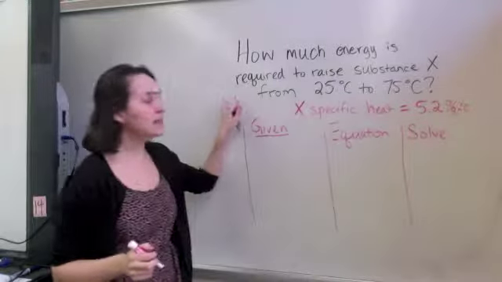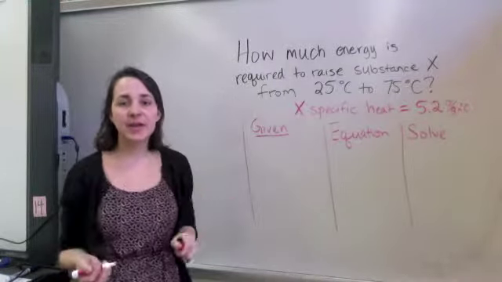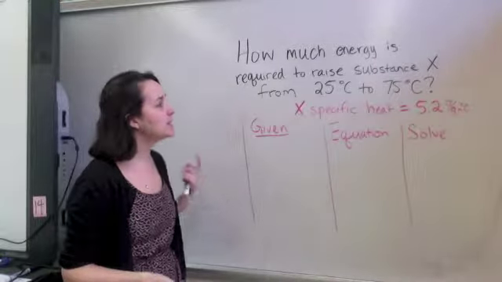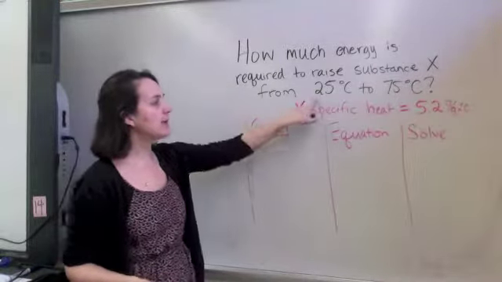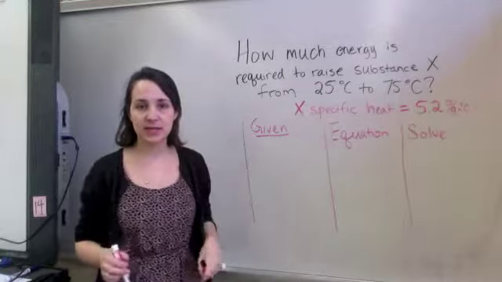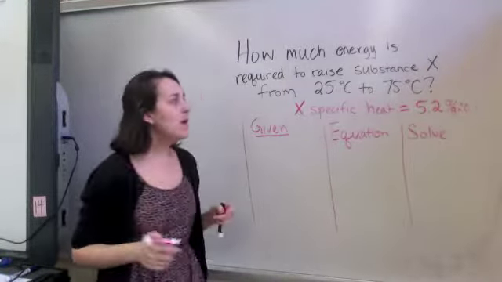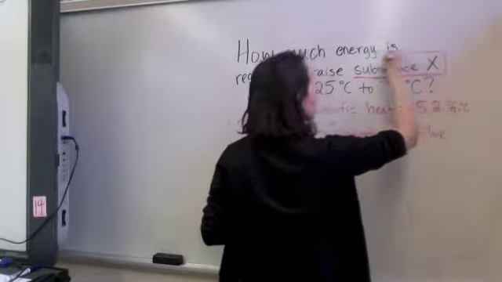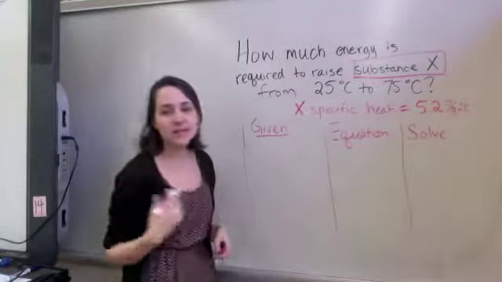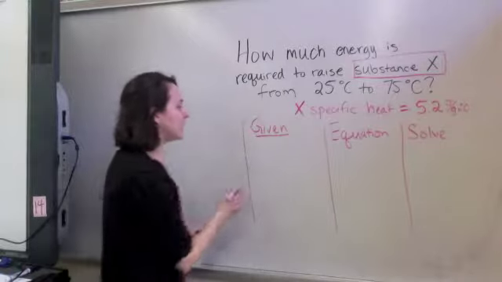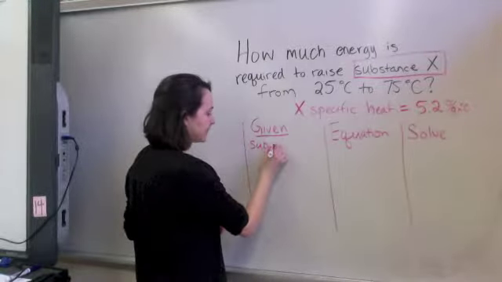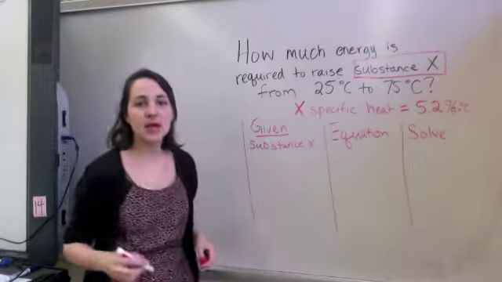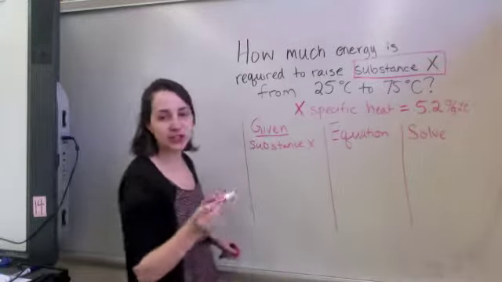So when I read this question, there's a couple things that pop out at me. How much energy is required to raise substance X from 25 to 75 degrees Celsius? So we know that we're dealing with substance X. All right? That's the substance that I'm dealing with. So one thing I know is that I have substance X. The next thing that I know is my change in temperature.